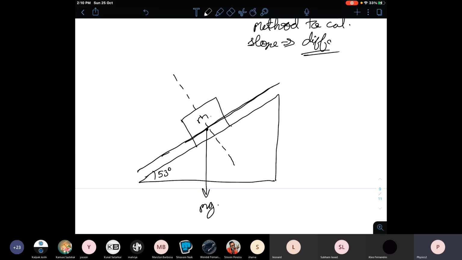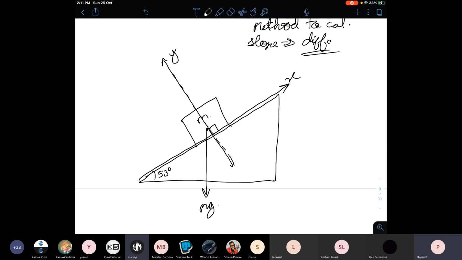This is the x-axis and this is the y-axis. I told you x and y axes are created by us, so we can draw those lines however we like. This is the x-axis and the other perpendicular line is the y-axis.